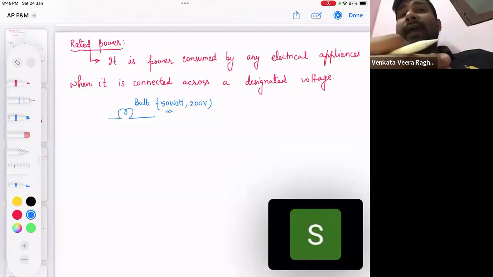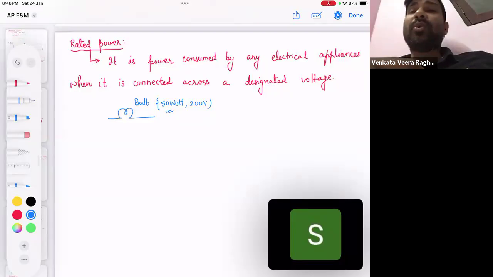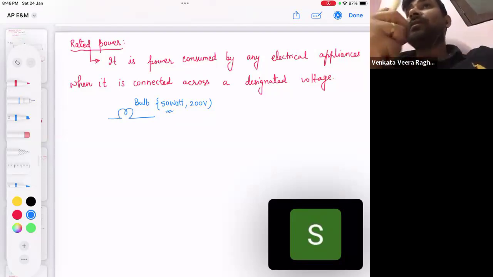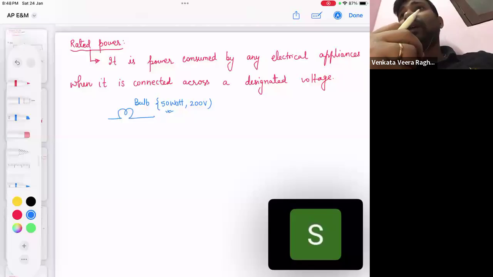But if I connect the same bulb across only 100 volt, is it still going to consume 50 watt? No, it will consume a different power. If I connect it to 300 volt, it will again consume a different power. Understood? So the power consumption through a bulb or any appliance or any heater is different depending on how it is connected in the circuit.